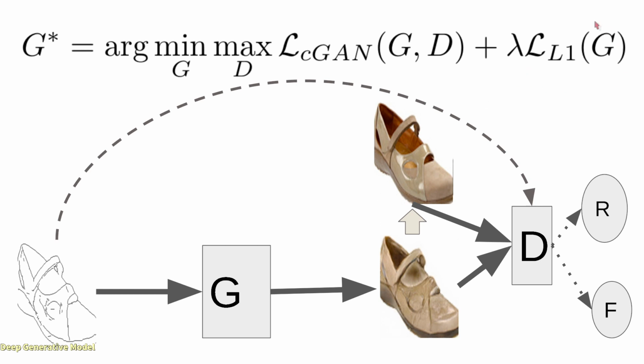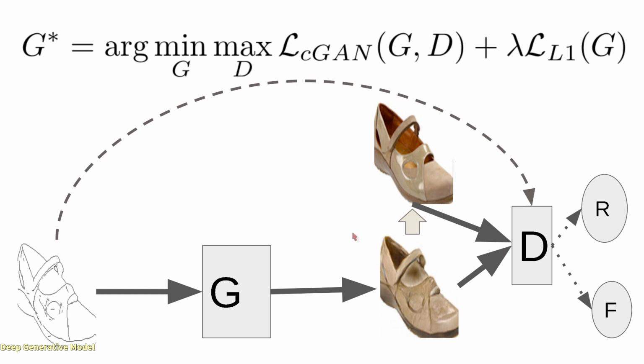So we have a usual L1 loss for the supervised part of it, but we have an additional loss function that is a discriminator. The training of this discriminator is exactly the same as usual GAN.